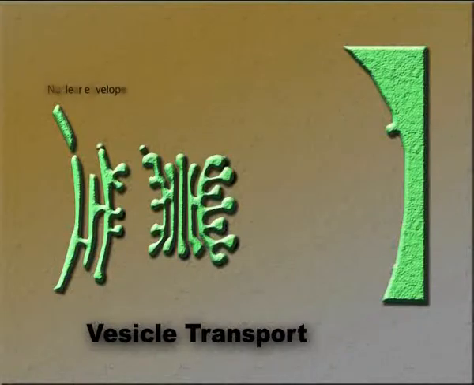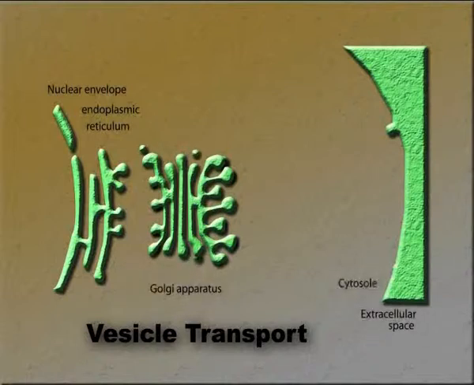Vesicles from the endoplasmic reticulum via the vesicular tubular clusters fuse with the network and subsequently progress through the stack to the trans-Golgi network, where they are packaged and sent to the required destination.